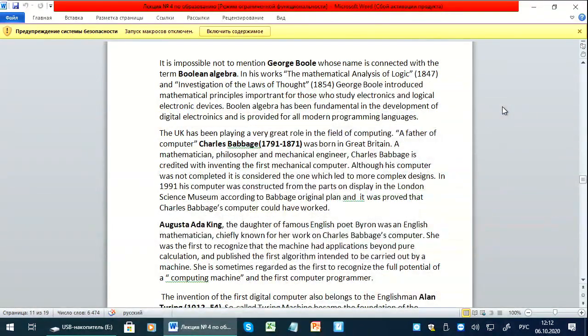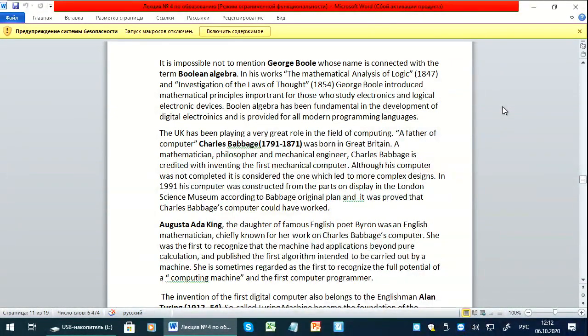There was a lady, Augusta Ada King. It's very interesting that she was the daughter of the famous English poet Byron. And she did not inherit her father's talent of poetry, but she was an English mathematician, chiefly known for her work on Charles Babbage's computer.